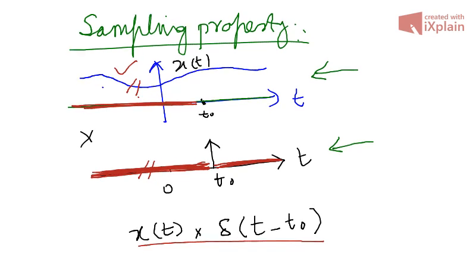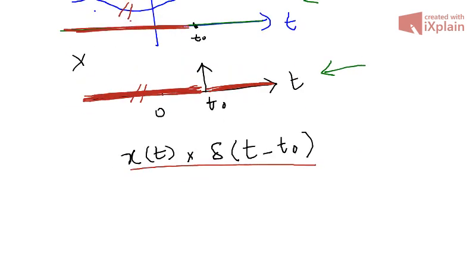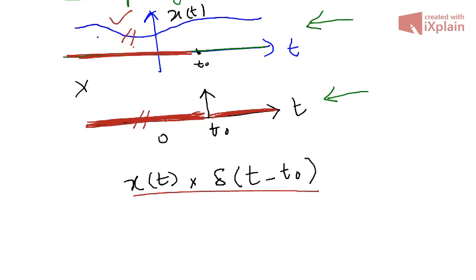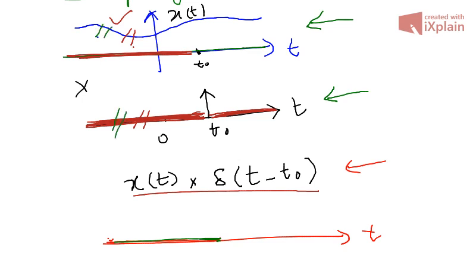So if you try to plot the resultant below, on the time axis for this product, what would you get? From here up to t naught, we have the product which is 0. This signal multiplied by 0 is 0 here. Now at instant t naught, this signal is delta of t minus t naught, right?